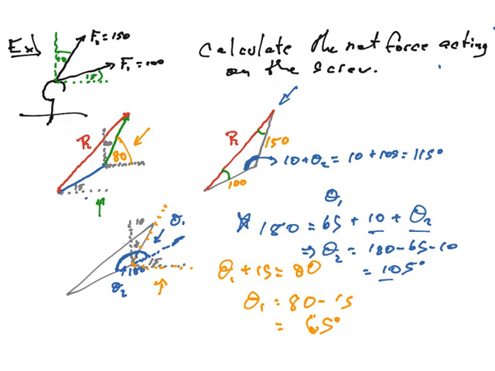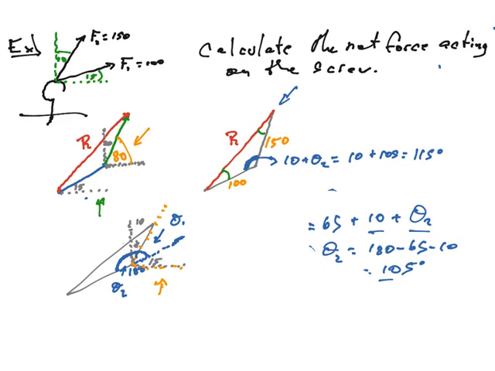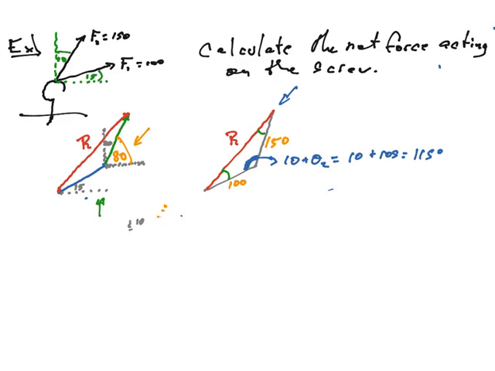Now we're going to make use of the law of cosines and the law of sines to try to get the rest of the information. So let me erase some of this just to make some room. Okay. So what do we want to do? Well, notice what we have.